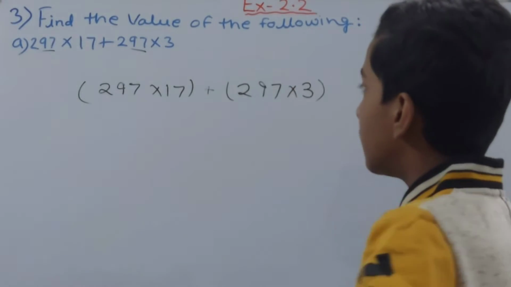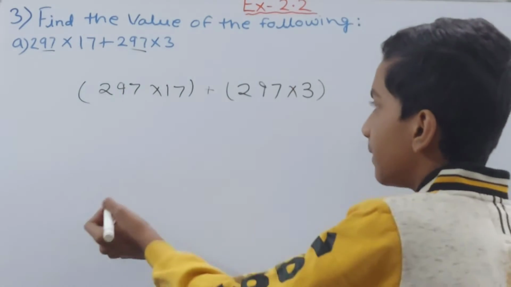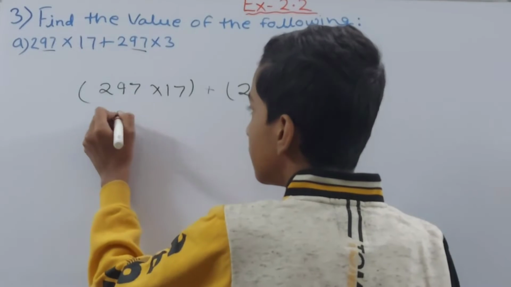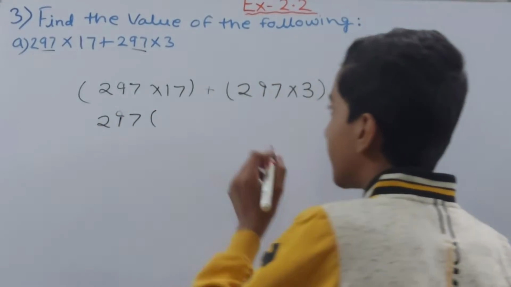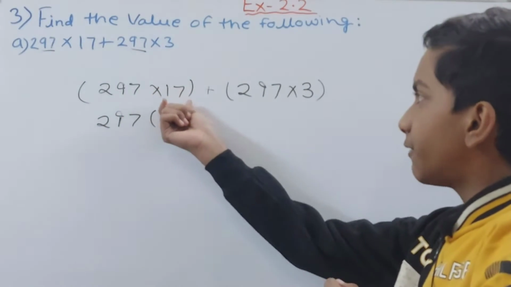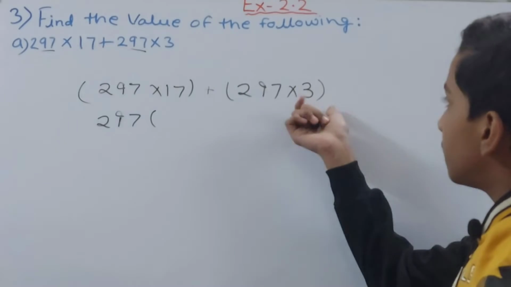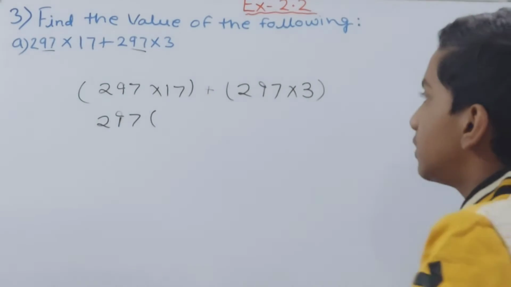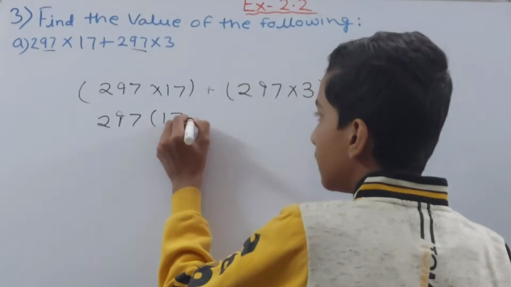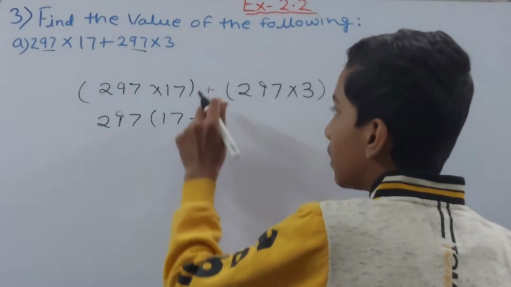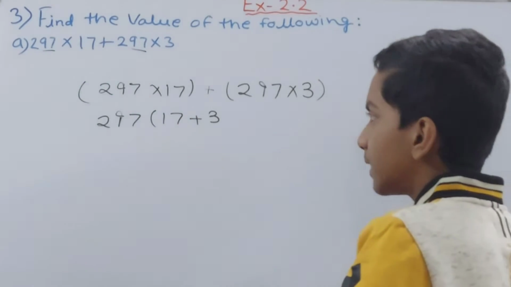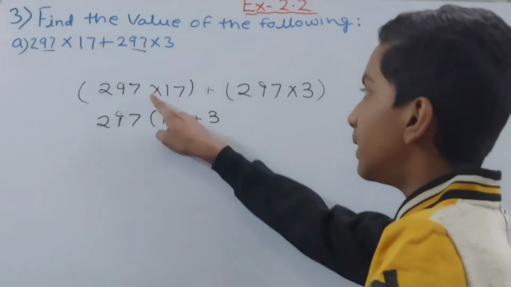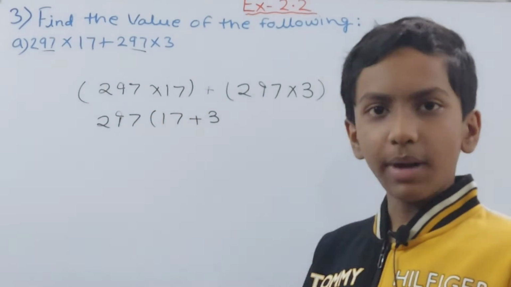Now see, here we have 2 times 297, so we can write it as 1 time here. And then in the bracket we are left with 17 in this one, and 3 in this one. So 17 plus 3 we will do, because over here the plus sign is left and the multiply sign is as the brackets, right?